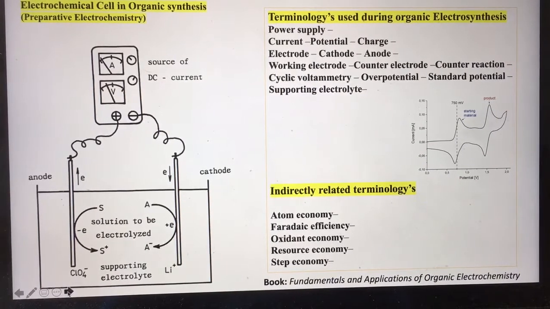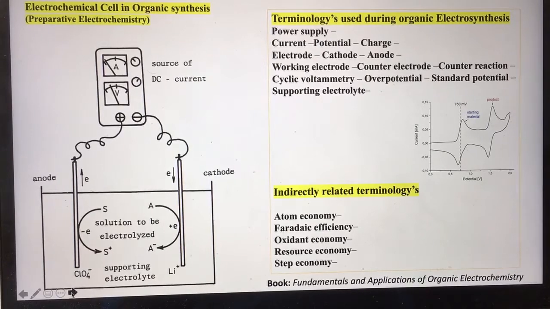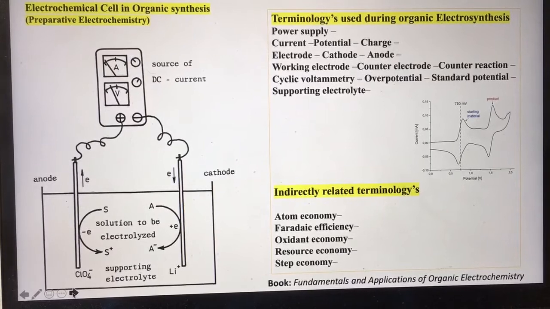Oxidant economy, minimizing the use of stoichiometric and non-renewable oxidants to effect oxidative chemical transformations.